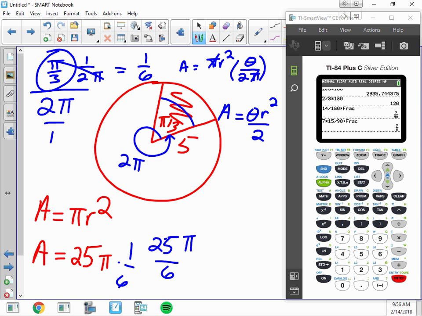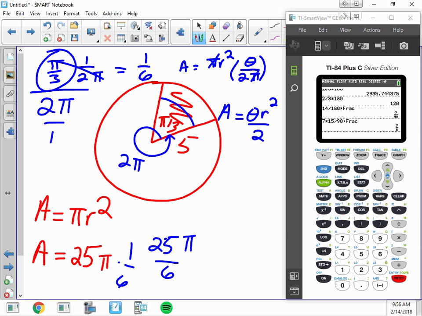When you are using radians, right? Why can I not use that formula with degrees? Right, the pi's canceled.